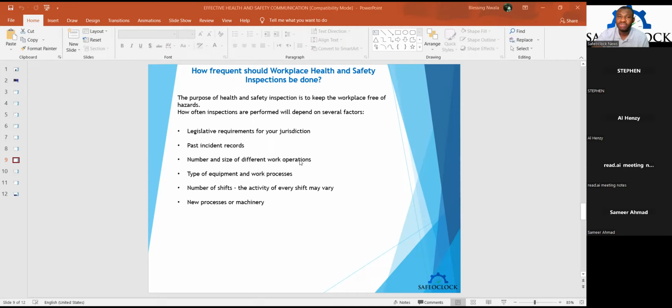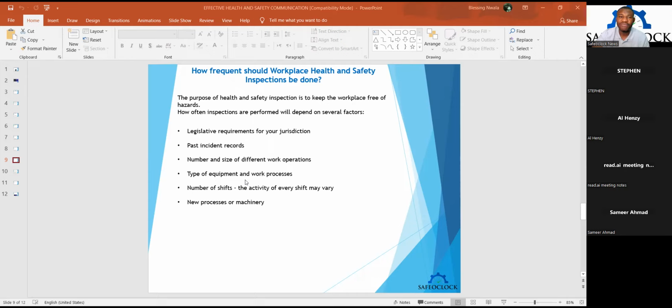Now, another factor is the type of equipment that is being used. If the equipment used in that operation generates more hazards, or is more risky than others, then you should give it more frequent inspection.